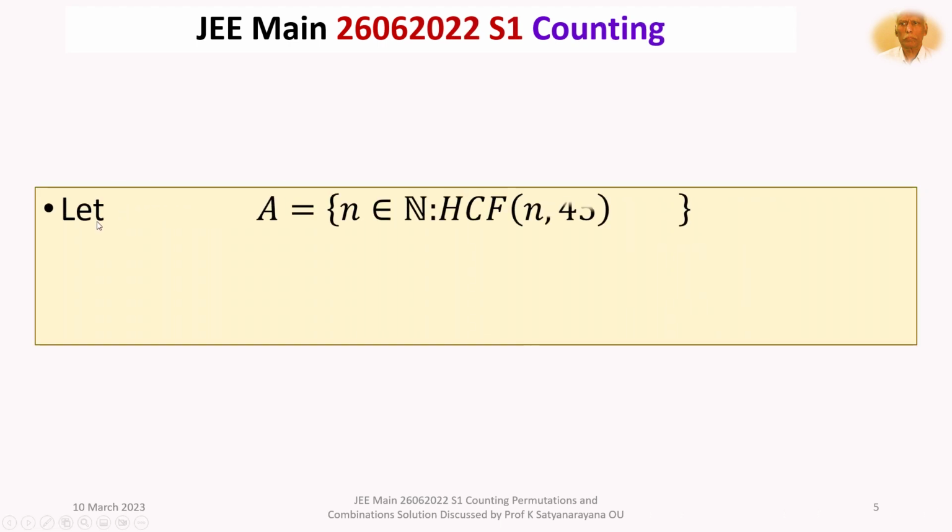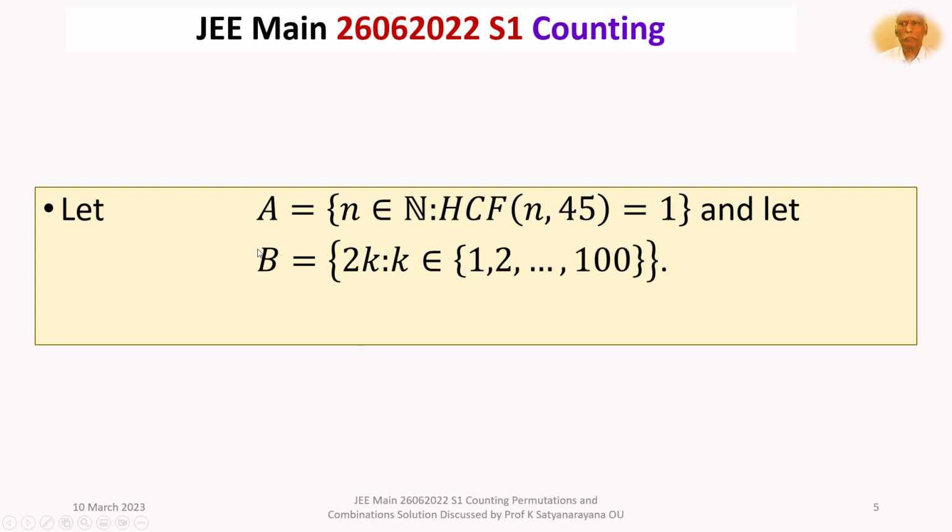The given question is: let A be the set consisting of all those natural numbers n belongs to capital N, where N stands for natural numbers, such that the HCF of n comma 45 is equal to 1, and let B be equal to the set consisting of 2k, where k belongs to the set consisting of 1, 2, 3 up to 100.